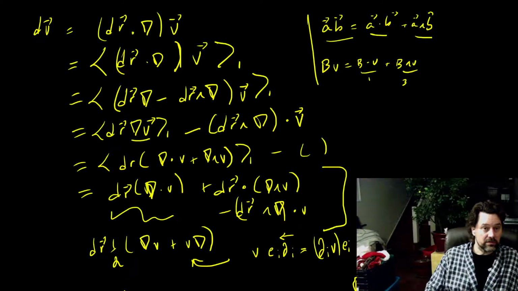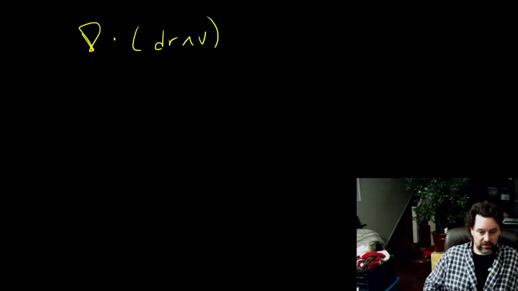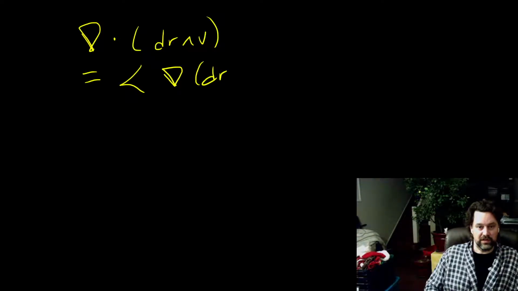So if we have grad dotted with dr wedge v, well, dr wedge v is a bivector, this is a vector, the dot product is the vector term of that product. Here we select the vector term of this multivector product.